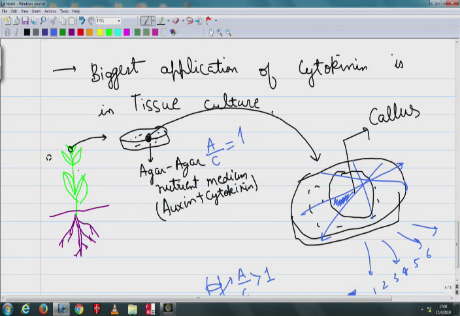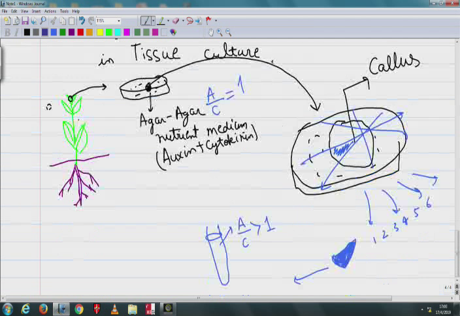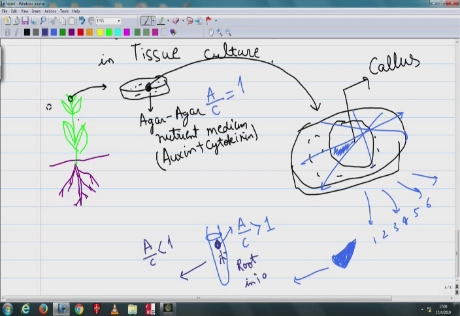In this condition, roots will be formed in this callus. Root will be formed, but shoot is not formed yet. Now I will take more cytokinin, less auxin. This will cause shoot initiation. First of all, root is initiated. Now shoot is initiated. Now the upper part is formed.